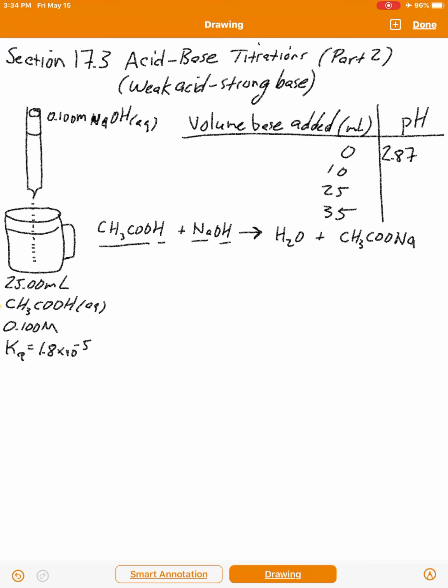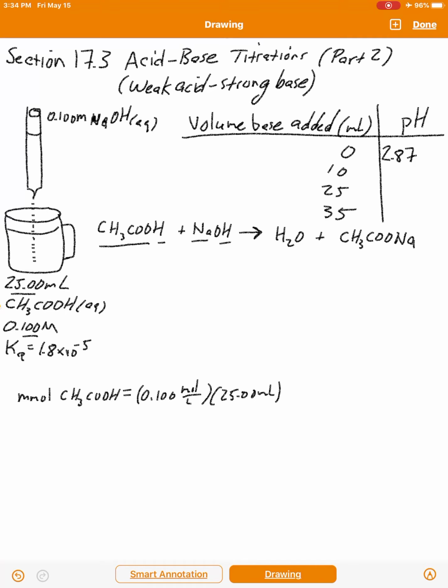Okay. Now, just as in the previous problem, it's very useful to use millimoles. So let's do the millimoles calculation. Concentration is 0.1 molar. Volume is 25. Molarity times volume is moles.